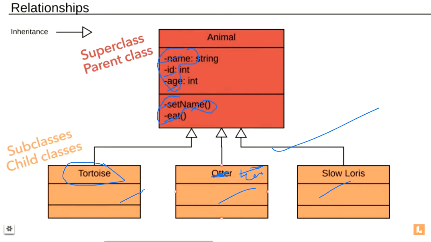Okay, so the child classes, Sachin Tendulkar wala example tha na, his son knows regarding cricket, but this also means that these classes can have separate attributes and methods also. For example, this lion child class, without doing anything, with just this single arrow, knows that there is some attribute known as name, ID, and age, and a function known as set name and eat.